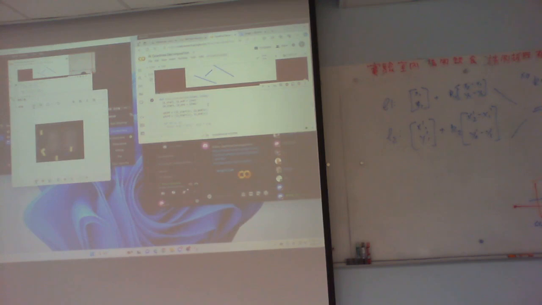Now we have a system of linear equations with two unknowns, two equations. One way of solving that is what's called Cramer's rule. You probably heard about that in high school. How does that work? The determinant? Yeah.